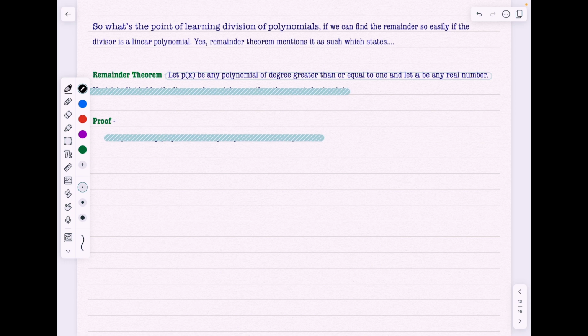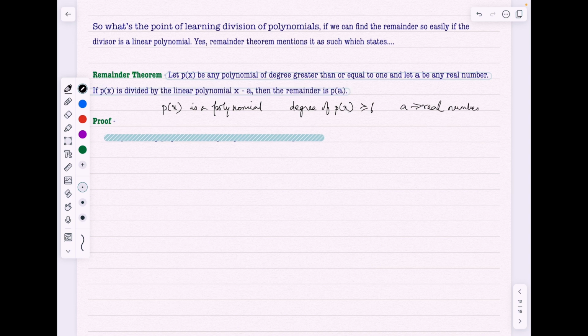Okay, p(x) is a polynomial, degree of p(x) greater than or equal to 1, a is any real number. Okay, it is saying that if p(x) is divided by the linear polynomial x minus a, then the remainder is p(a).